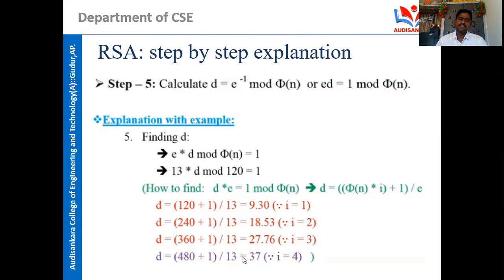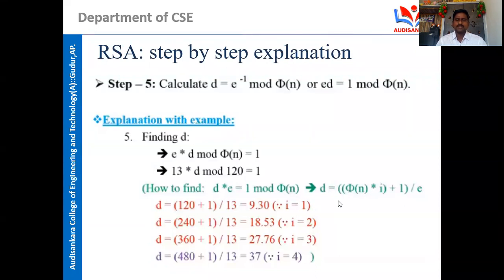Then how to find this? We are making D as the subject and changing this formula. If you make D the subject, D equals phi of n into i plus 1 by E. So when you make D the subject, it will become like this.